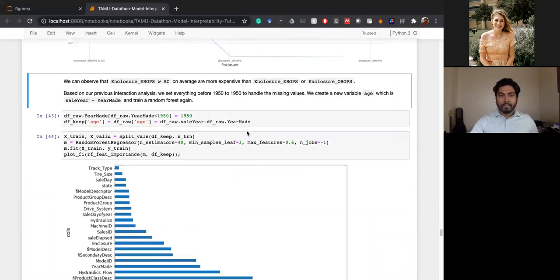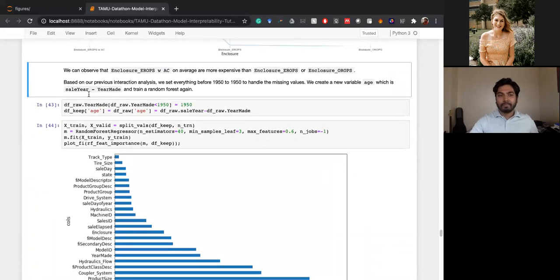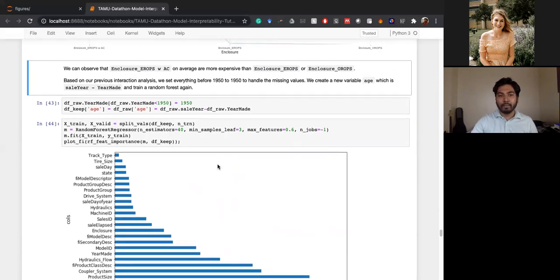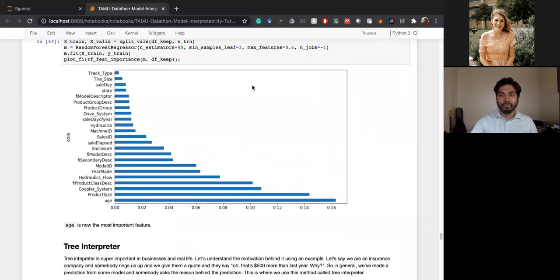Finally, based on our analysis, we can see that the sale year and year made can be grouped together into something called age. We can engineer a new variable called age from sale year and year made, and then retrain our model to get a new feature importance plot in which age now has the maximum feature importance.